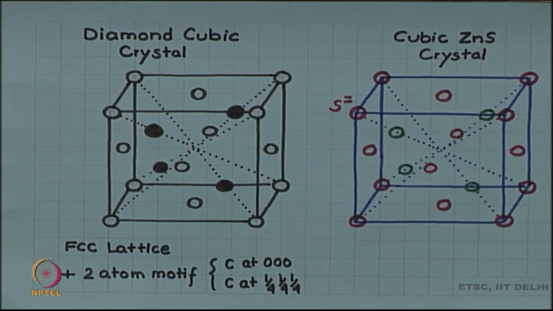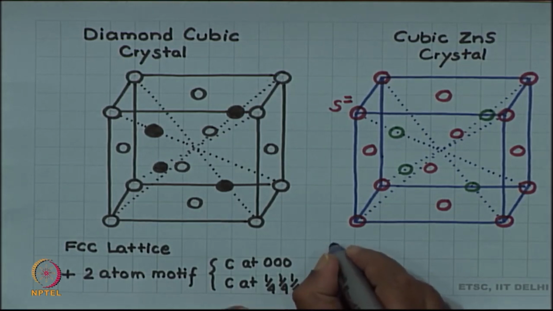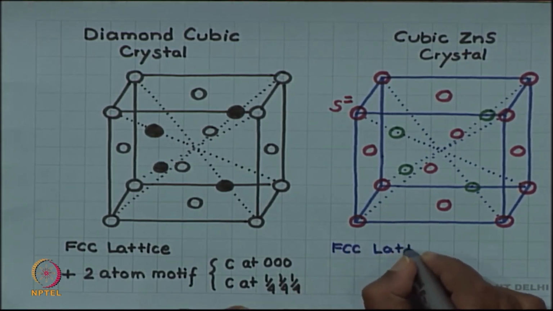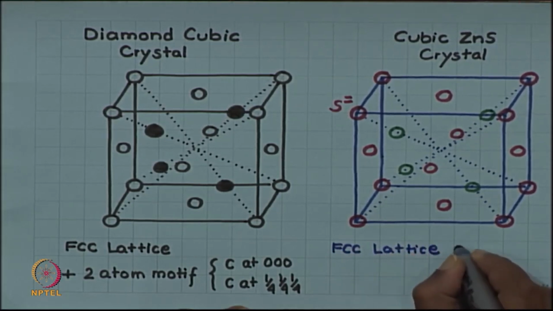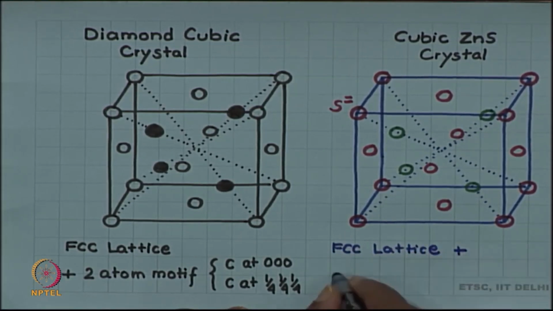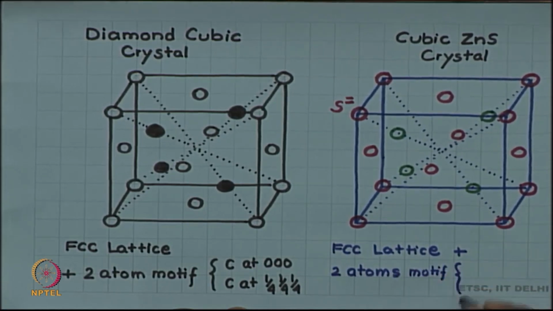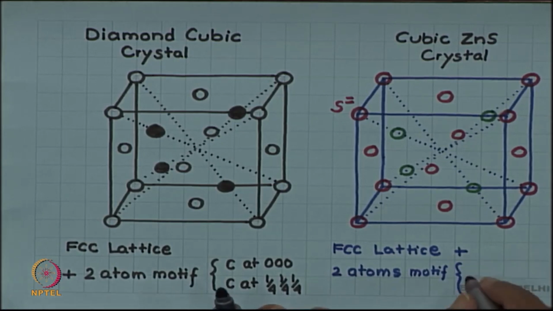So, the structure again is an FCC lattice, and the motif is again of 2 atoms. The only difference is that now these two atoms are not of the same element, they are of different elements.